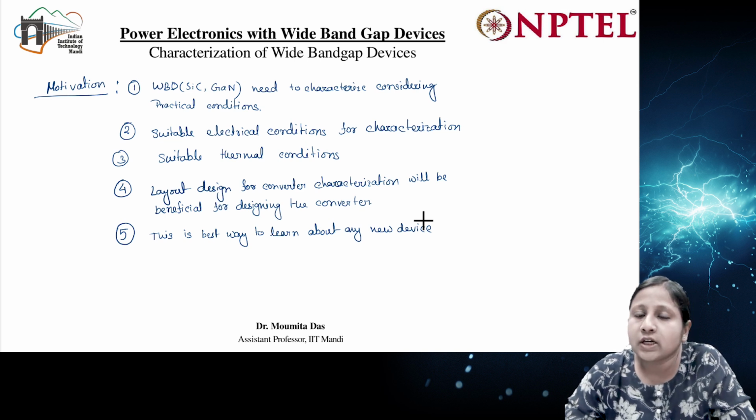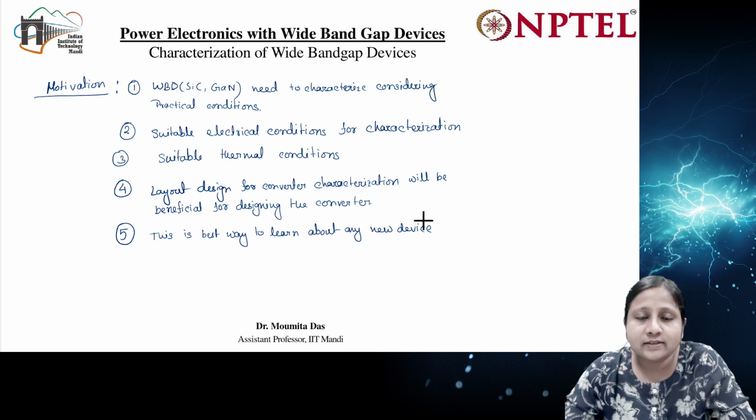Those are SMD type of devices, and they are very thin, and accessing the gate, drain, source points of the GaN devices is much more challenging than that of the silicon carbide or silicon devices. So the existing equipment available for characterization of the silicon device will not be suitable directly for GaN devices. So we have to find a different method, or modify the existing method, in order to characterize those new devices. So that is one important thing.